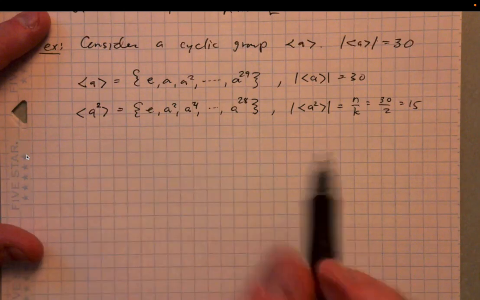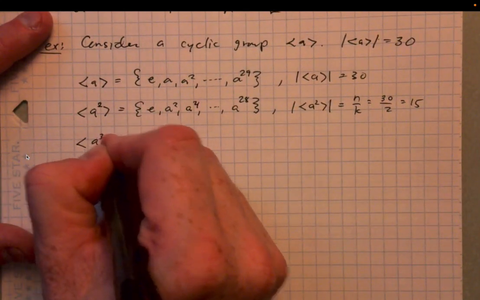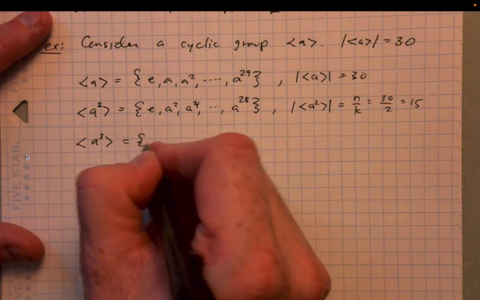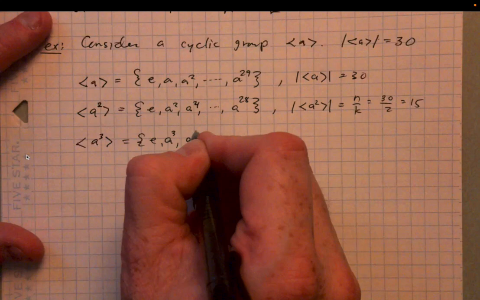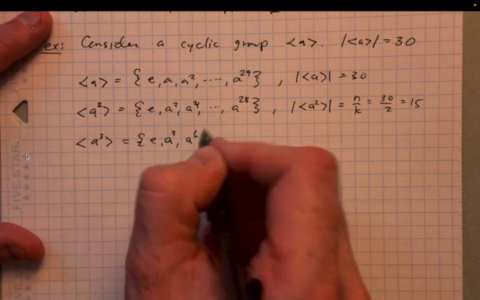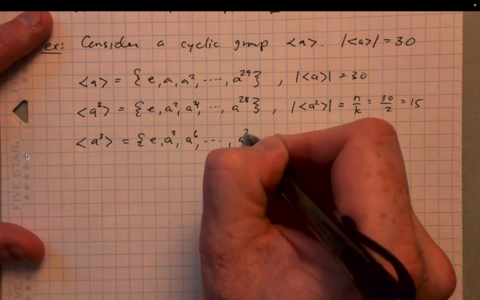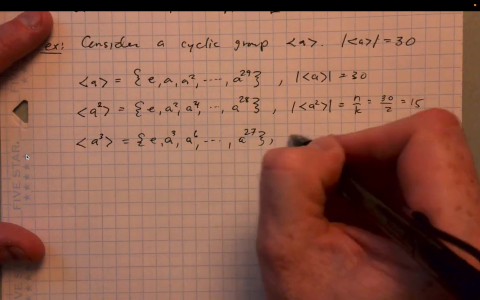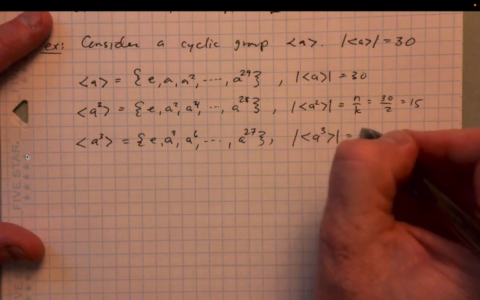What about the next divisor of 30, which would be 3. So a cubed is going to be a subgroup: e, a cubed, a to the 6th power, and so on, all the way up to a to the 27th power. And the order of this subgroup, again, is n over k.